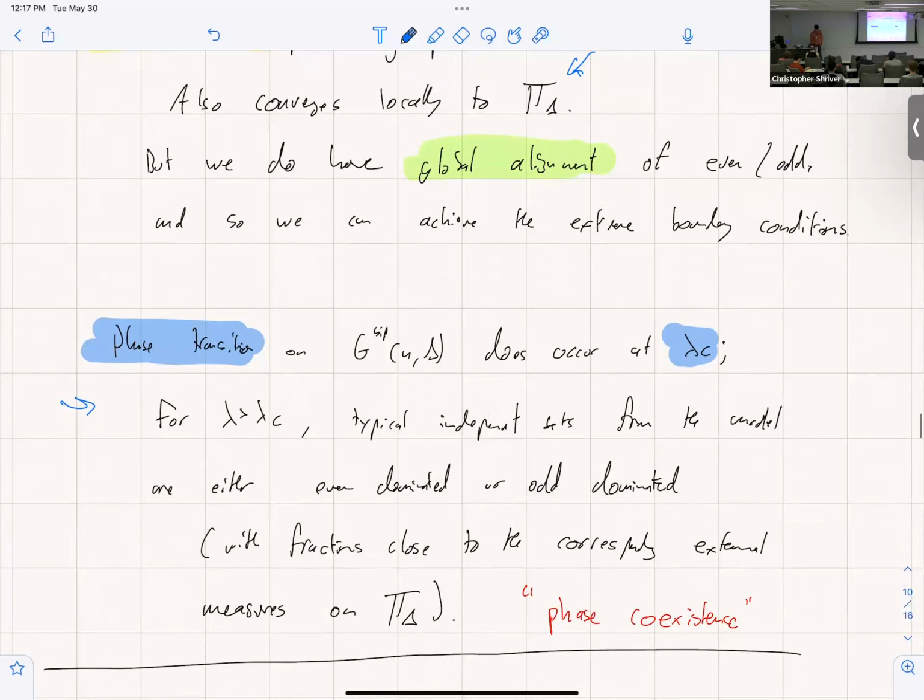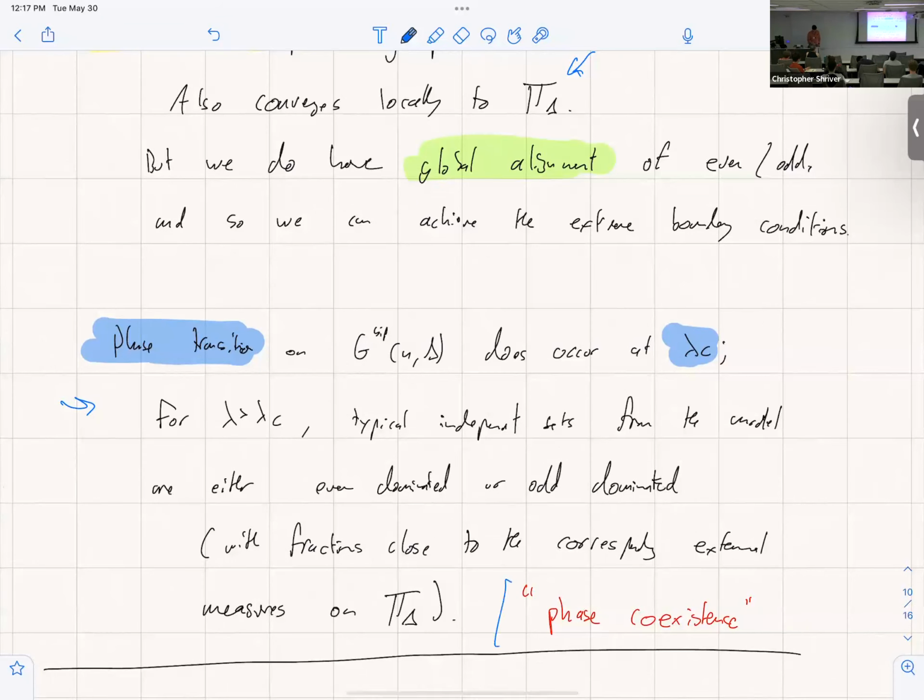And you can say a lot more. The fraction of even vertices and the fraction of odd vertices will correspond to the two extreme measures on the tree. So with 50-50 chance, you'll get basically the same fraction of even occupied that you get on the tree when you put the limiting even measure, or the same fraction you get if you put the limiting odd measure.